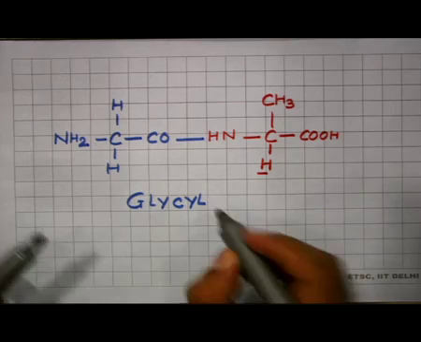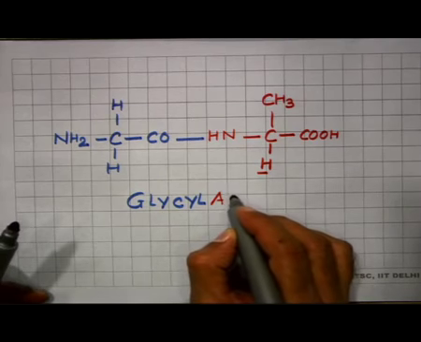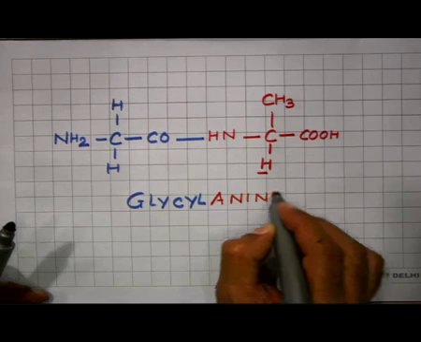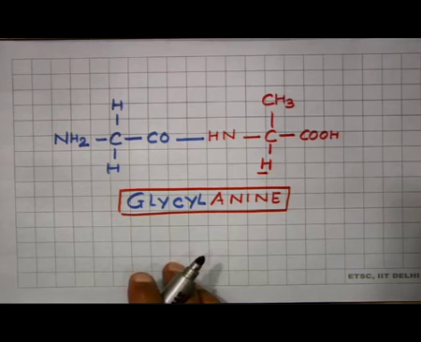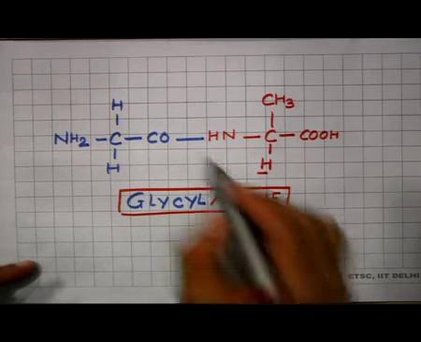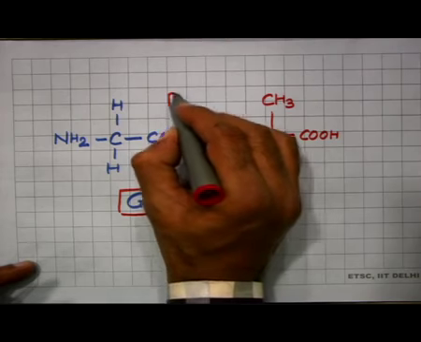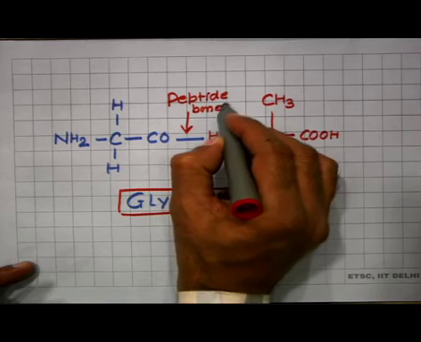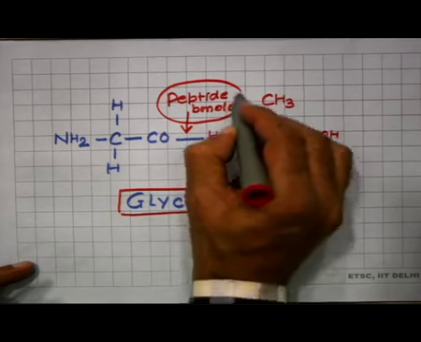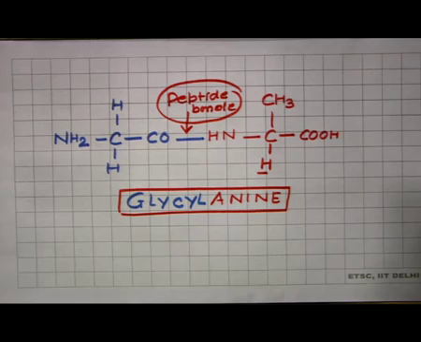Here is alanine. So, now the name of this protein is glycylalanine. Now, the peptide bond is here. So, now you can easily understand how the peptide bond is formed between the two amino acids, and the water molecule is removed and the peptide bond is formed.